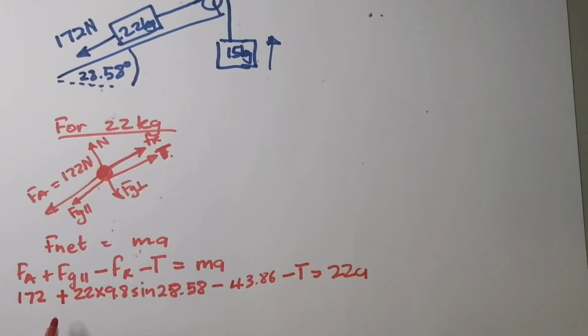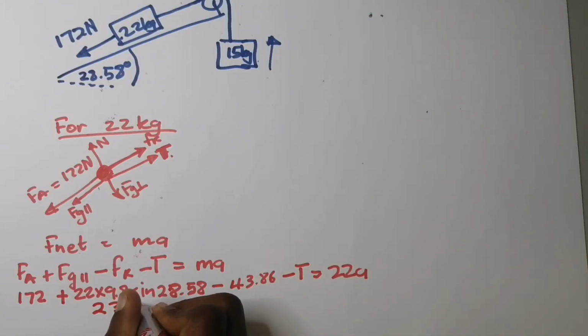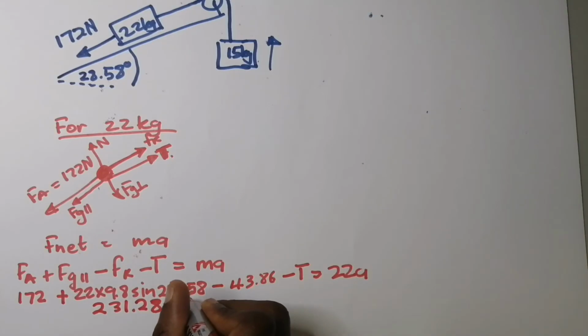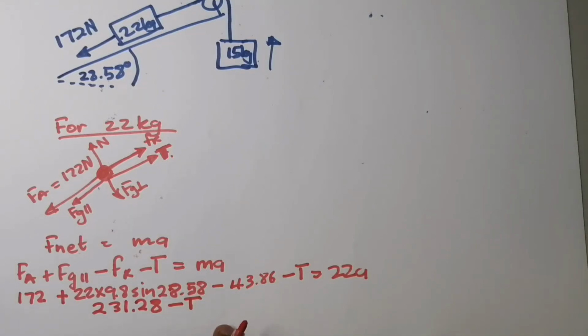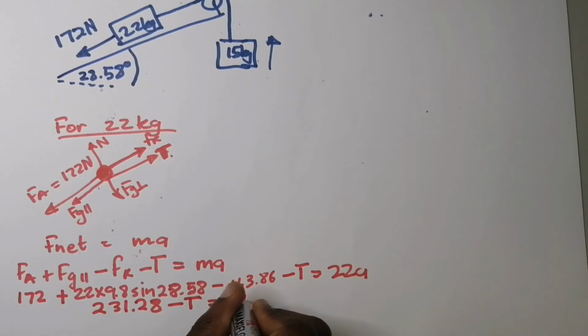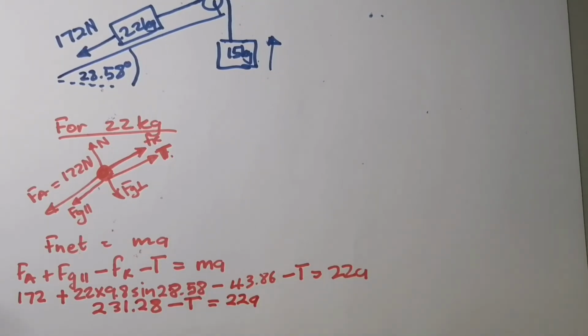Remember, we are adding this one, okay? So when you calculate that, I get 231.28 minus tension, and this is equal to my mass times acceleration, so that's 22a.